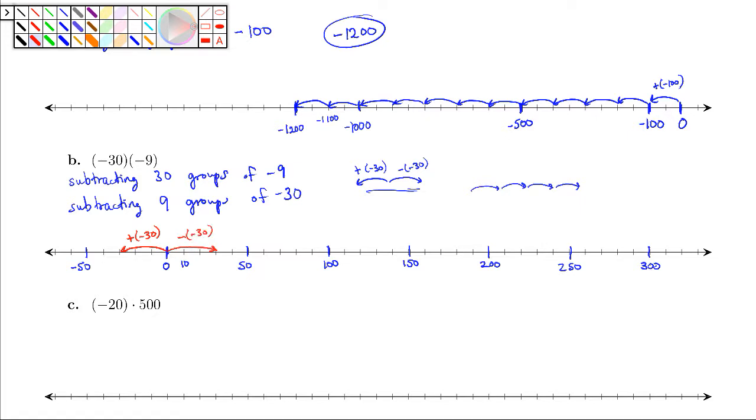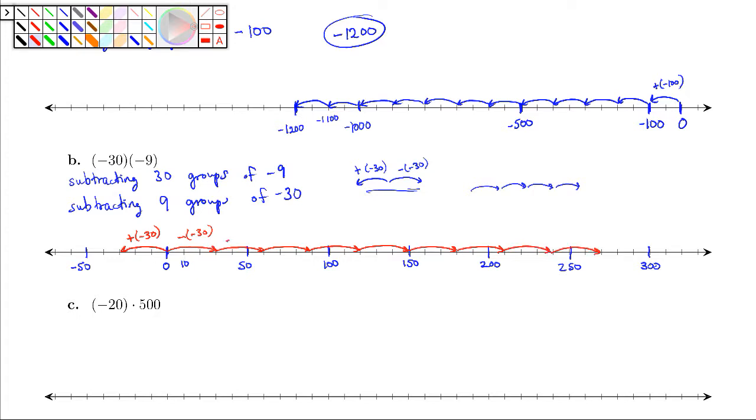So I would go one group of negative 30, two groups, three groups, four groups, five groups, six groups, seven groups, eight groups, and 9 groups.